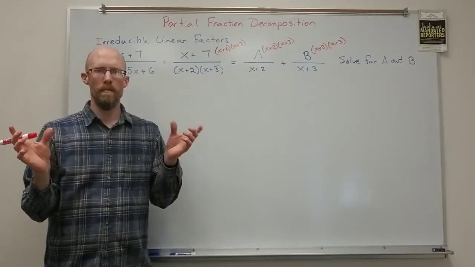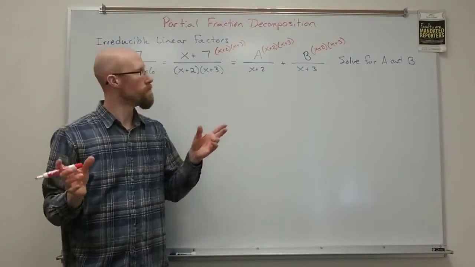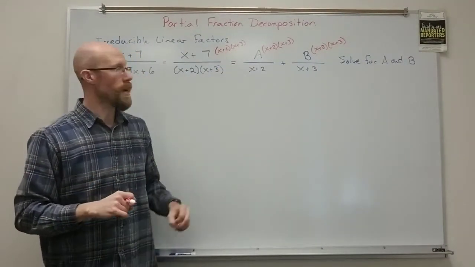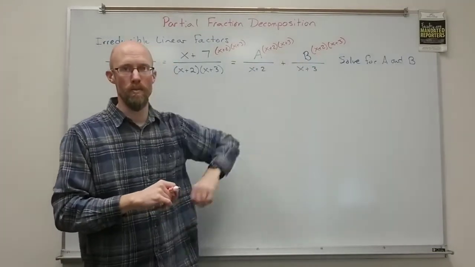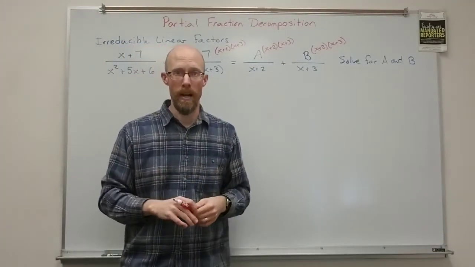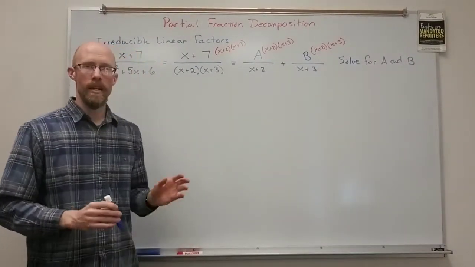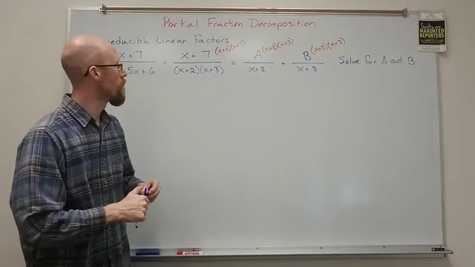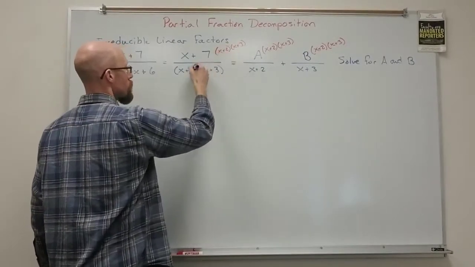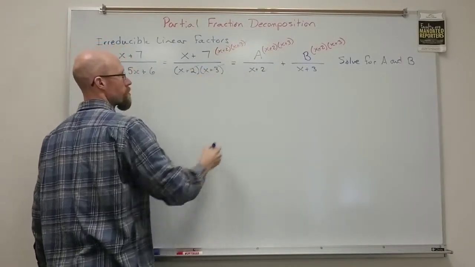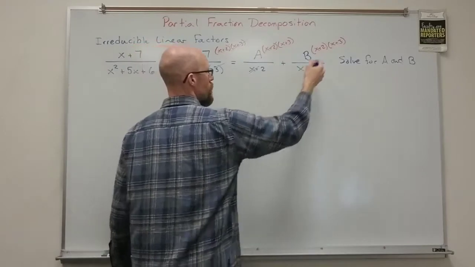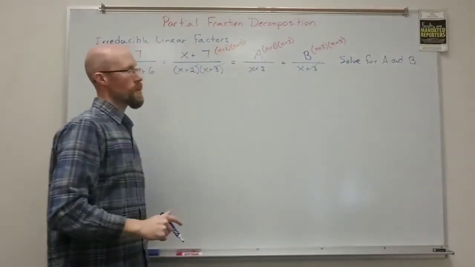So I'm just multiplying both sides of the equation by the same amount. It's this product. And it distributes to both terms on the right, so really every term gets multiplied by it. Okay? And what will happen then is that I can cancel common factors. So here I'd have an x plus 2 that cancels, an x plus 3 that cancels. Here my x plus 2's cancel, and here my x plus 3's cancel.